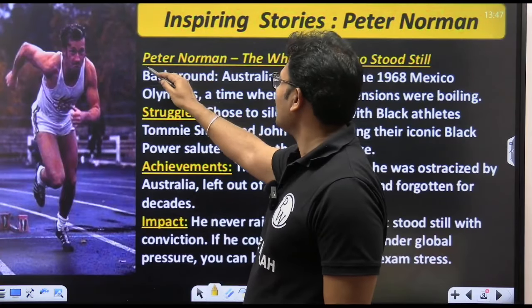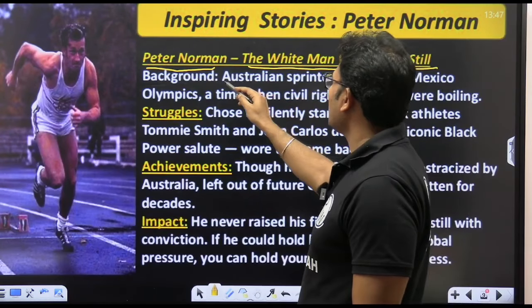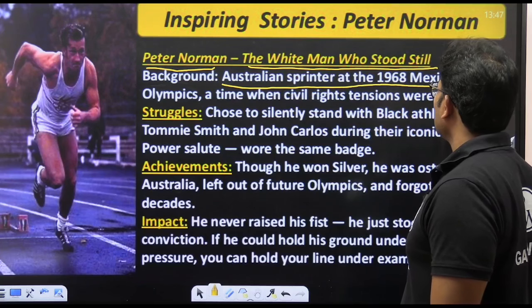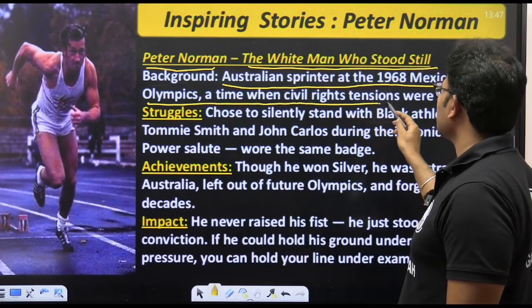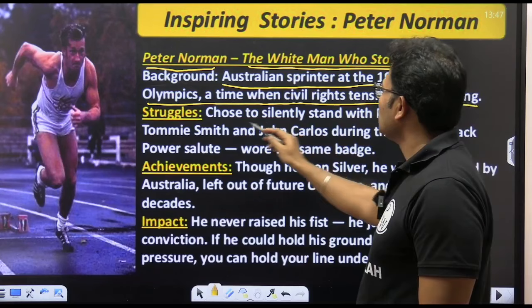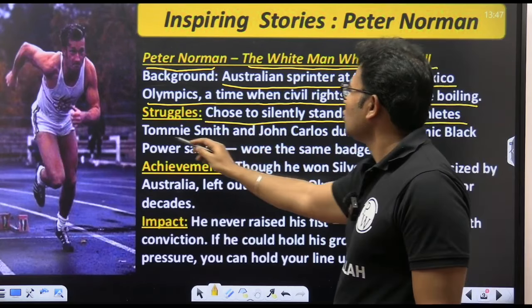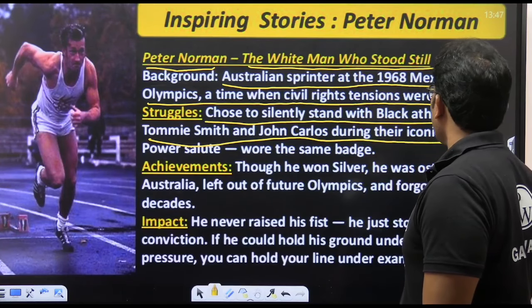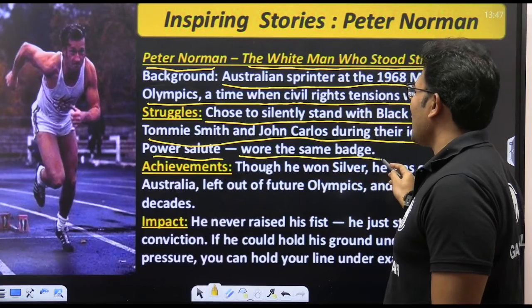Peter Norman, the white man who stood still. Background: Australian sprinter at the 1968 Mexico Olympics, a time when civil rights tensions were boiling, chose to silently stand with black athletes Tommy Smith and John Carlos during their iconic Black Power salute, wearing the same badge.